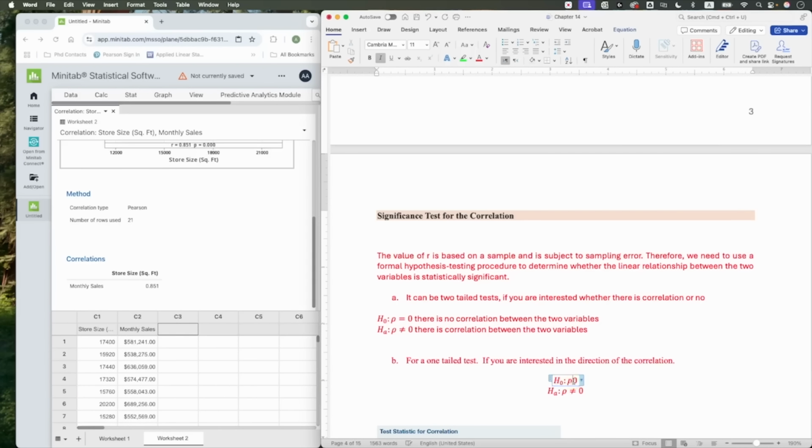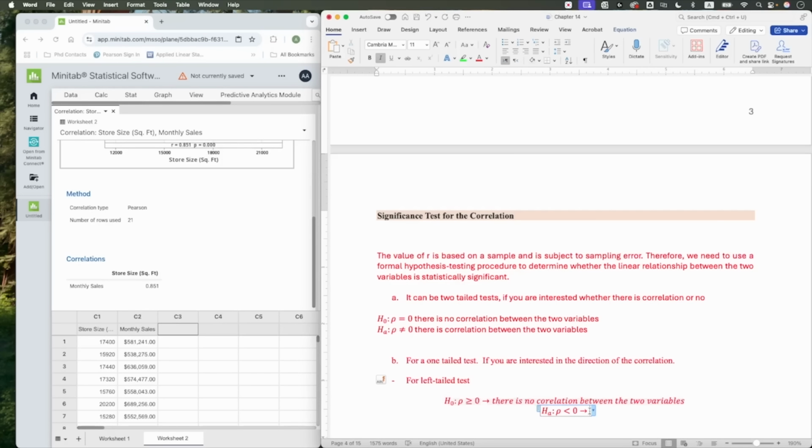So this is going to be maybe greater than or equal, and this is going to be less than. If this is the right tail, then for the left-tailed test, because for a one-tailed test we have a left tail and a right tail, the null is that there is no correlation between the two variables.